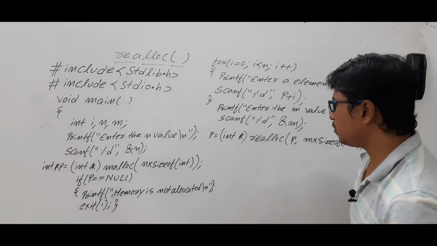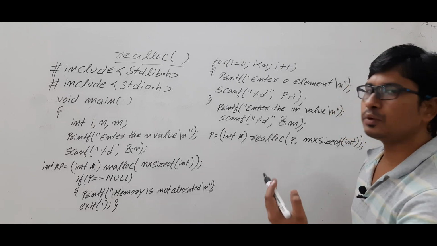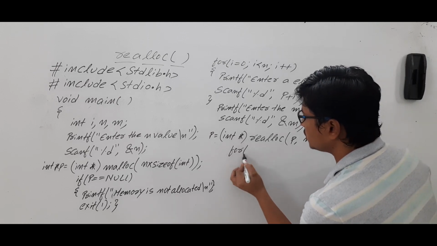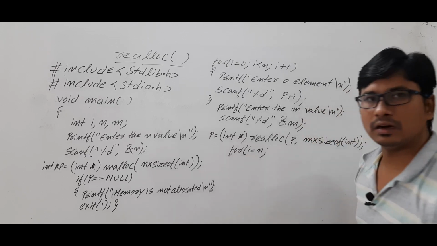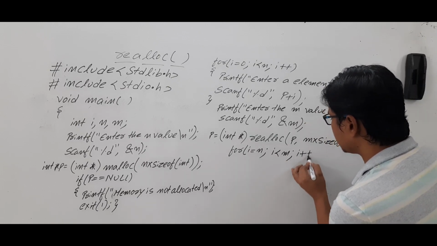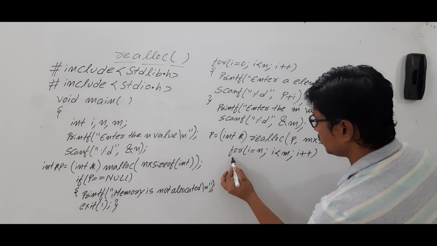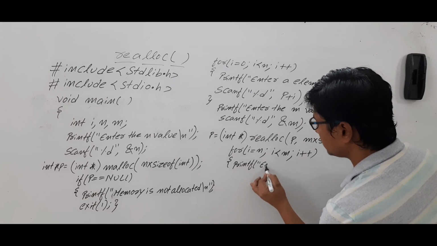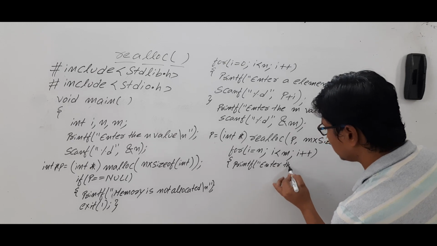Then you have to ask the user to enter the extra elements. So for i is equal to n, i less than m, i plus plus, then you have to ask the user to enter the element.